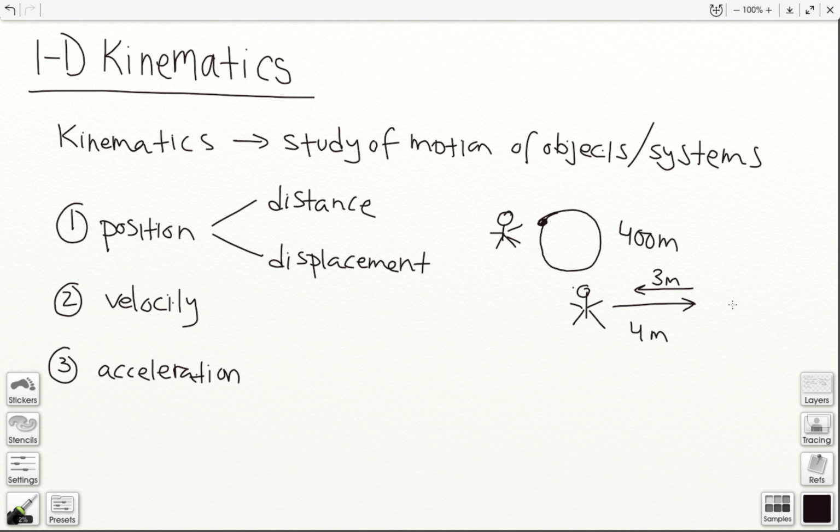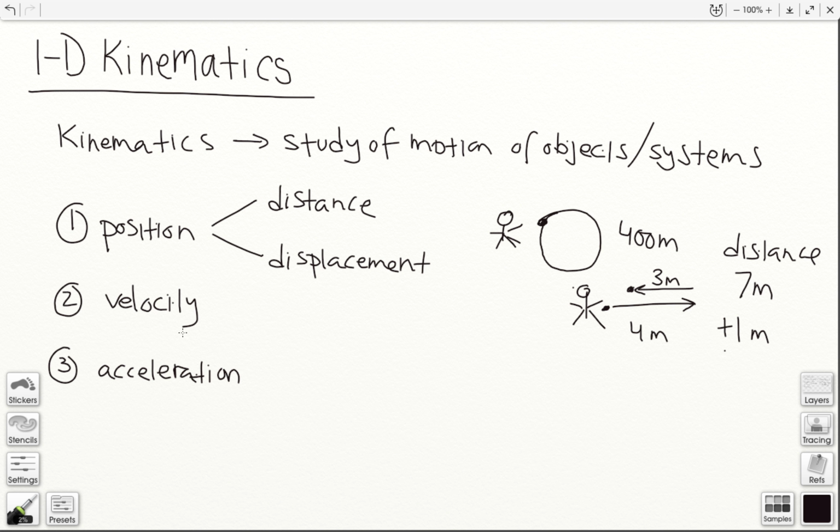The distance traveled is 7 meters. They walked 4 and then they walked 3. That's distance. The displacement: they started off here and their final position is here. So their displacement is plus 1 meter to the right.